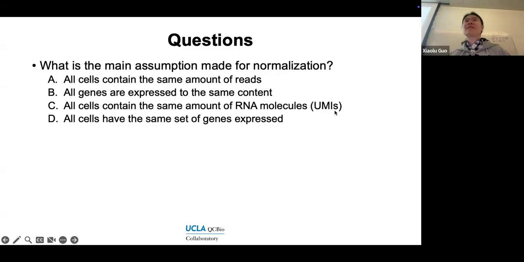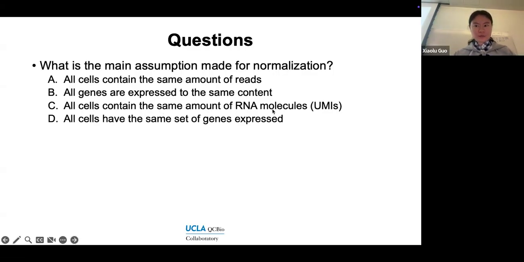Reads might count UMIs more than once. Yes, so you want UMIs to be counted once, because reads can count one molecule twice or more. With UMI, because we can backtrack the molecular identifier, we will only count once. So that's the difference. And here, based on the assumption, we assume they have the same mRNA in the cell.